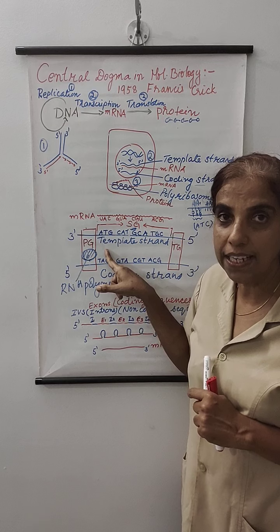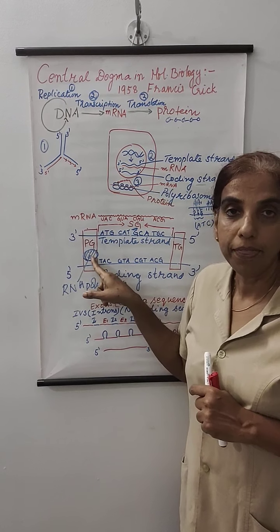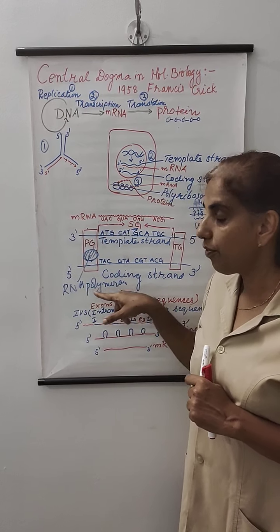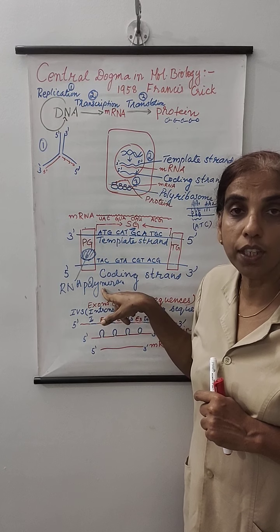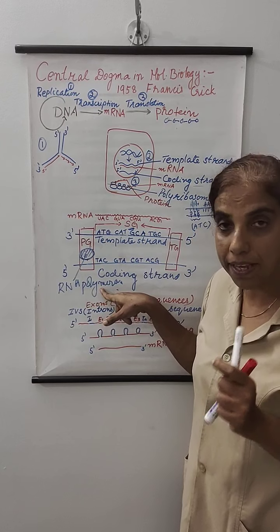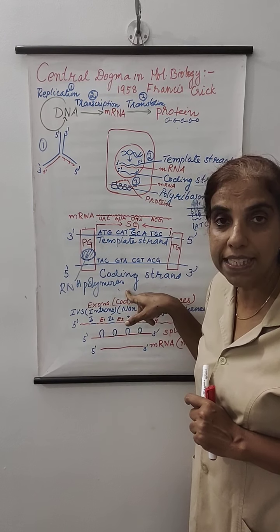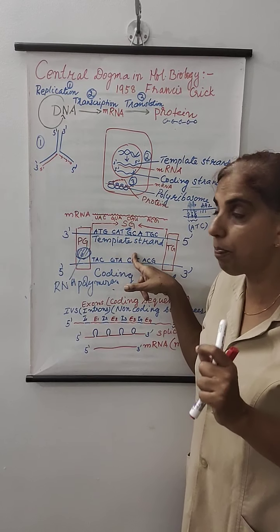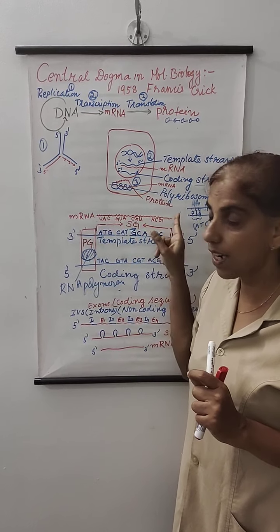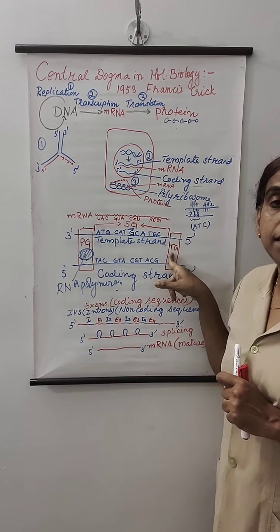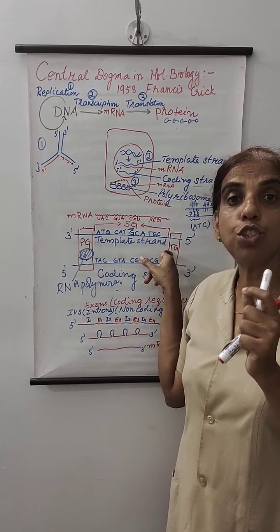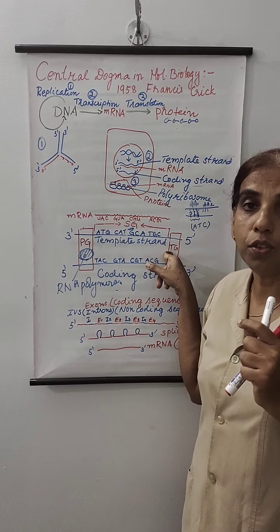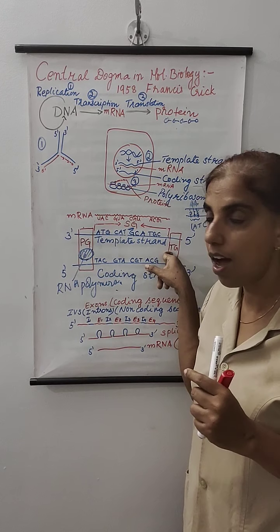From this you should understand the three parts. The promoter site or the promoter gene for the attachment, or the complex formation, of the RNA polymerase enzyme. Second is the structural gene, the definite part which makes the messenger RNA, and the terminator gene which stops the formation of the messenger RNA in transcription.